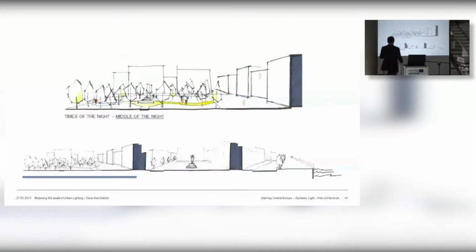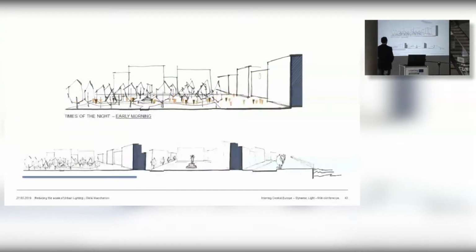A possible adaptive and dynamic solution is to have more security lighting, general illumination in front of the train station, but also adaptive lighting that is guiding the people just passing by, and dimmed light in general, still with some vertical illumination just to provide a little bit of orientation in the space, and that's all.